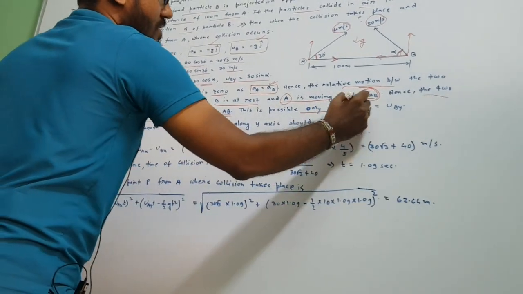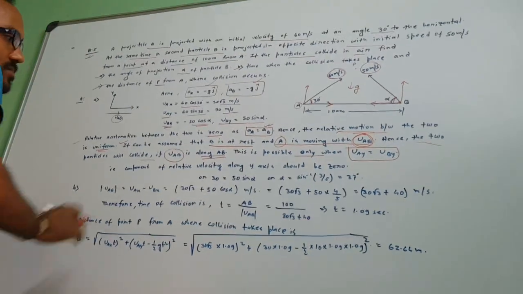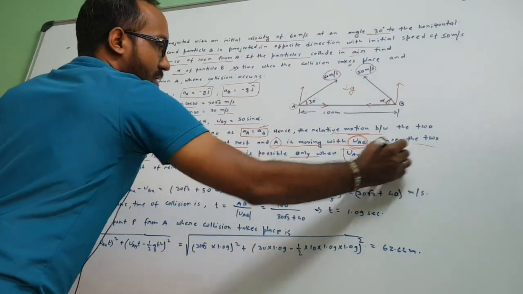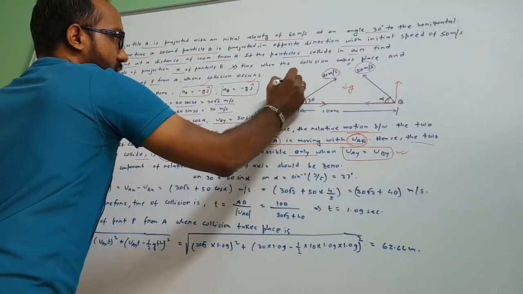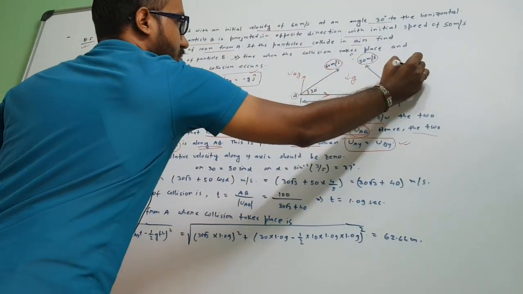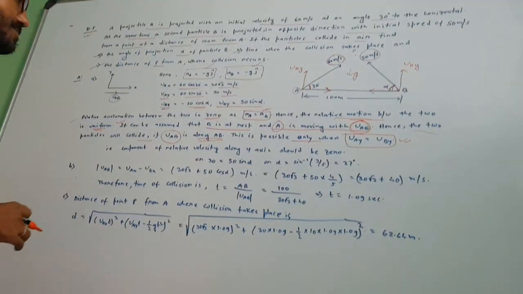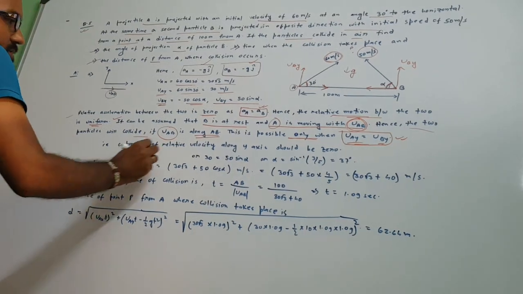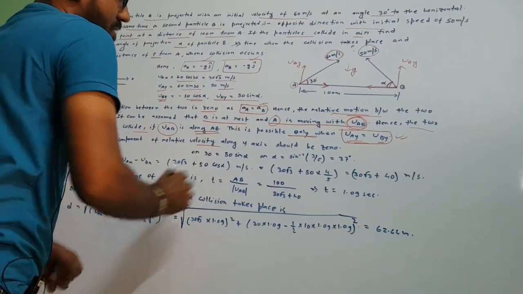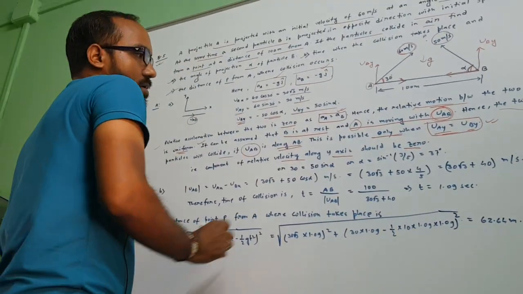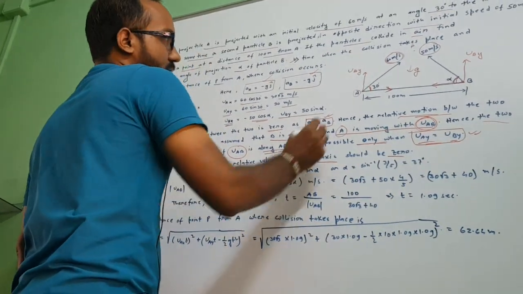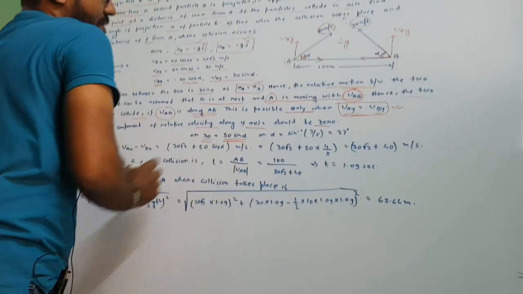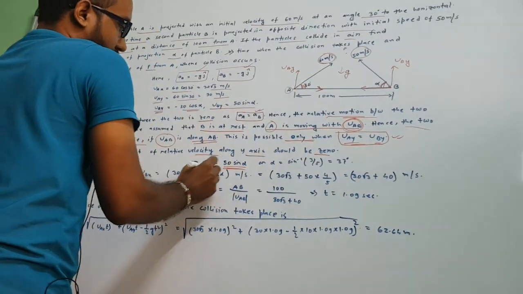This is possible only when the vertical component is 0. That means uay and uby should be the same, that is, the component of relative velocity along the y axis should be 0. So 30 equals 50 sin alpha.